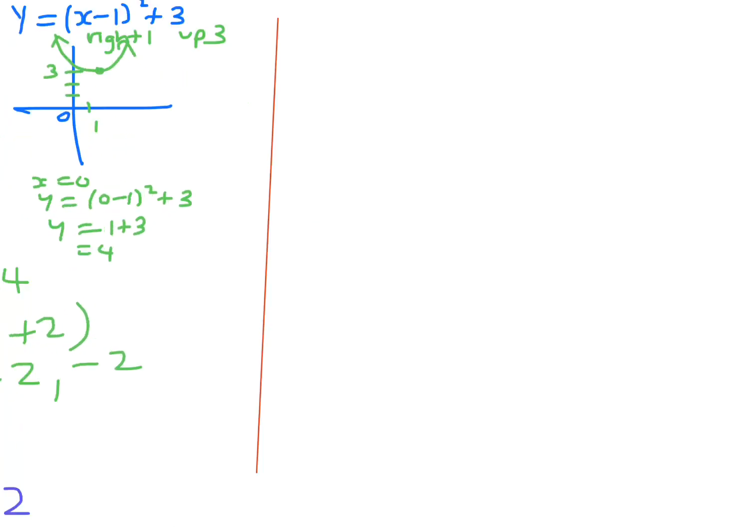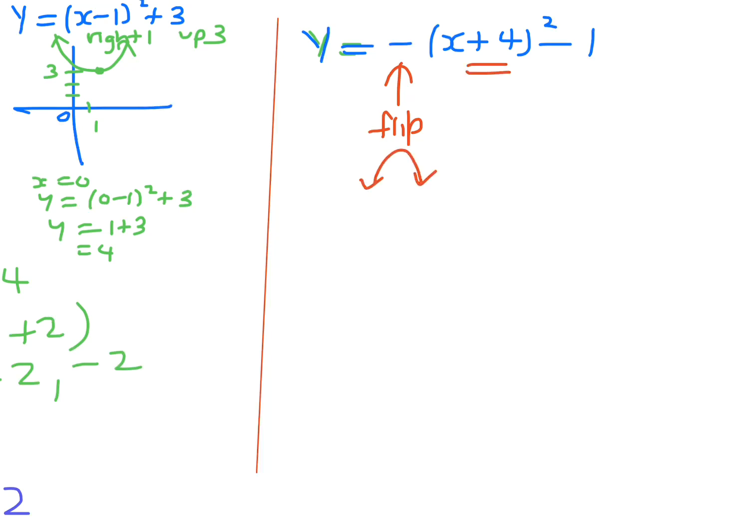Okay, that would be if you did the shifting thing. If you then stuck a negative in front, so let's go y equals minus x plus 4 squared minus 1. The effect of all these different things is the minus would flip it and makes it like a sad face, so it's going down. The plus 4 inside the bracket will be the opposite sign, so that would be left 4. And the minus 1 would mean it would go down 1.